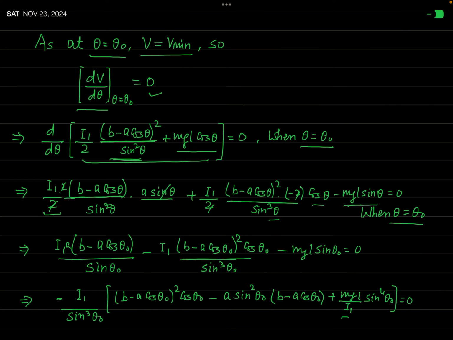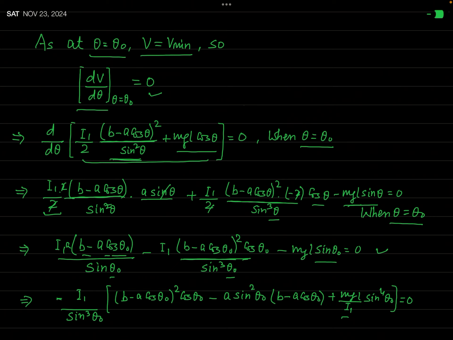After substituting theta naught instead of theta, our result is this: I1 times a times (b minus a cos theta naught) over sine theta naught, and minus I1 times (b minus a cos theta naught) whole square times cos theta naught over sine cube theta naught, and minus mgl sine theta naught equal to 0.